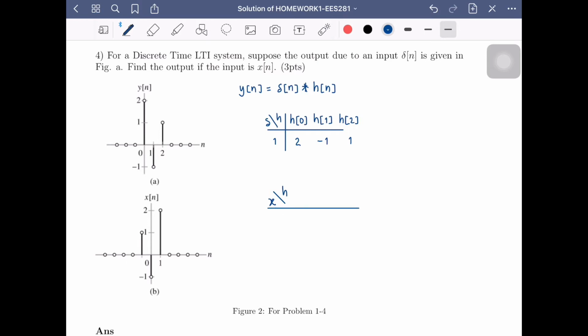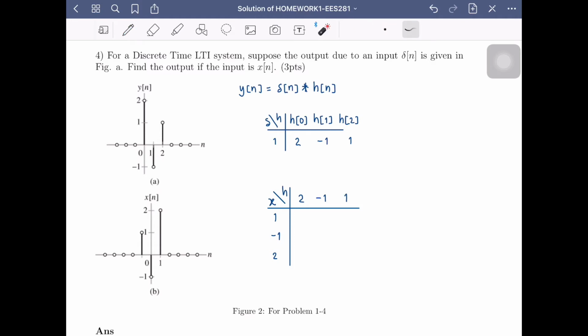So we can create a table like this. x has the values 1, -1, and 2. Then h is from the above value, which is 2, -1, and 1.